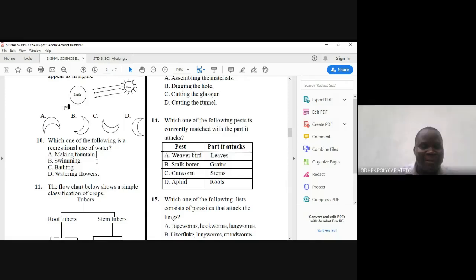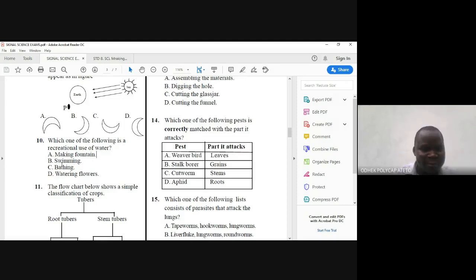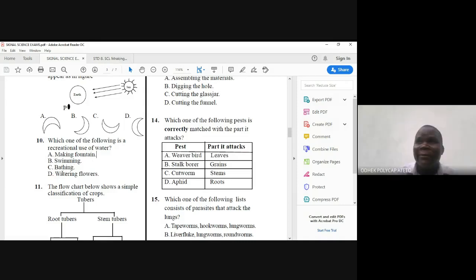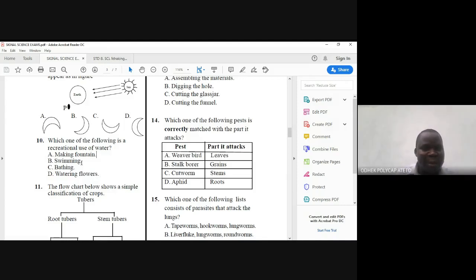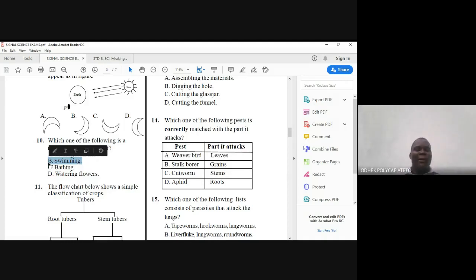If you don't know, tea making fountain, it is industrial use. Swimming is recreational use. Bathing is home use. And watering flowers, it's farm use. So automatically the answer becomes swimming. That is choice B.